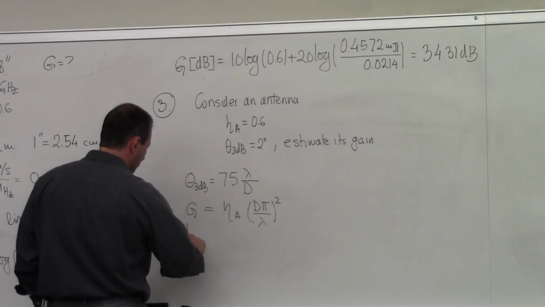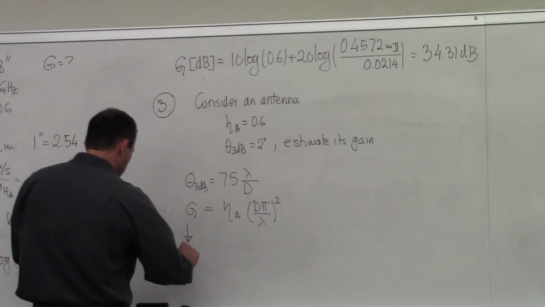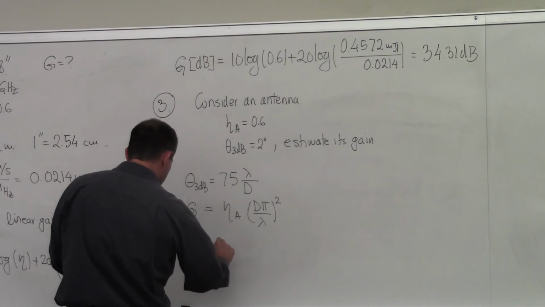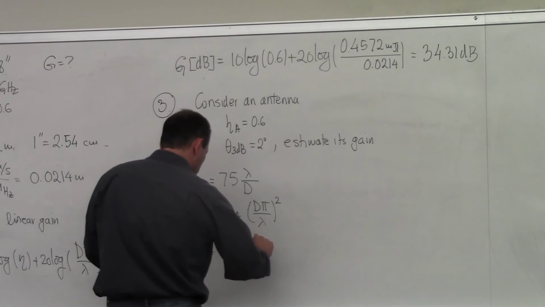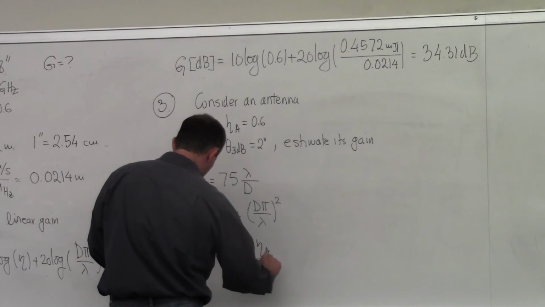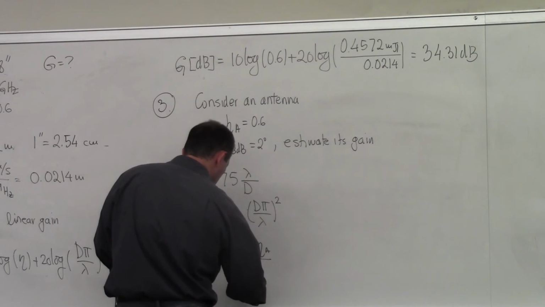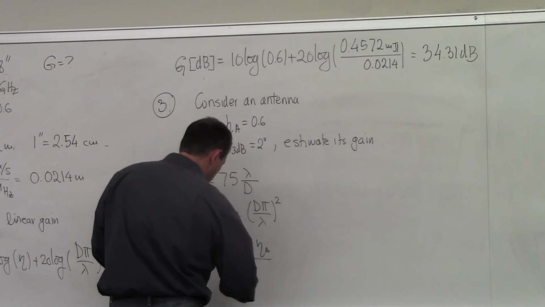Combining these two, you end up with the gain of the antenna being 75 squared pi squared A over (3 dB) squared.